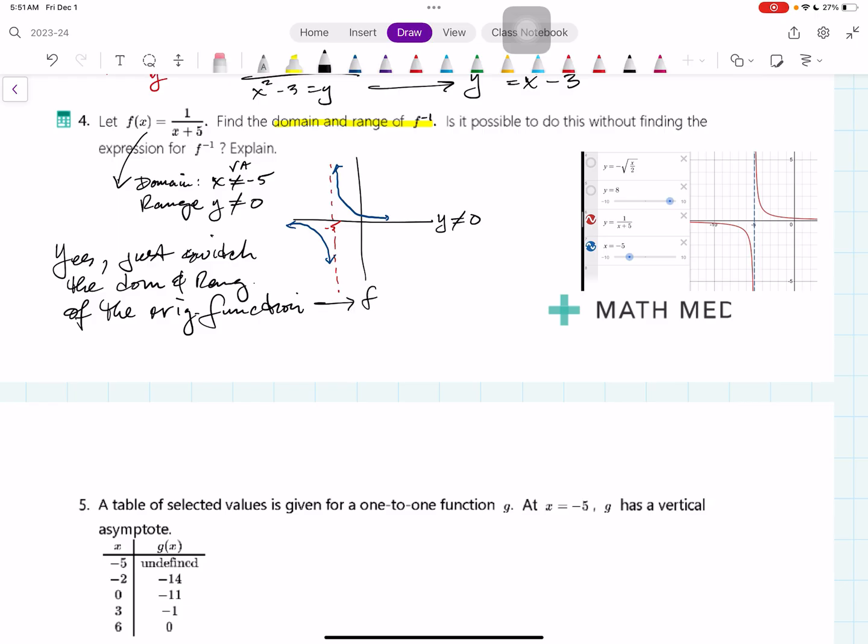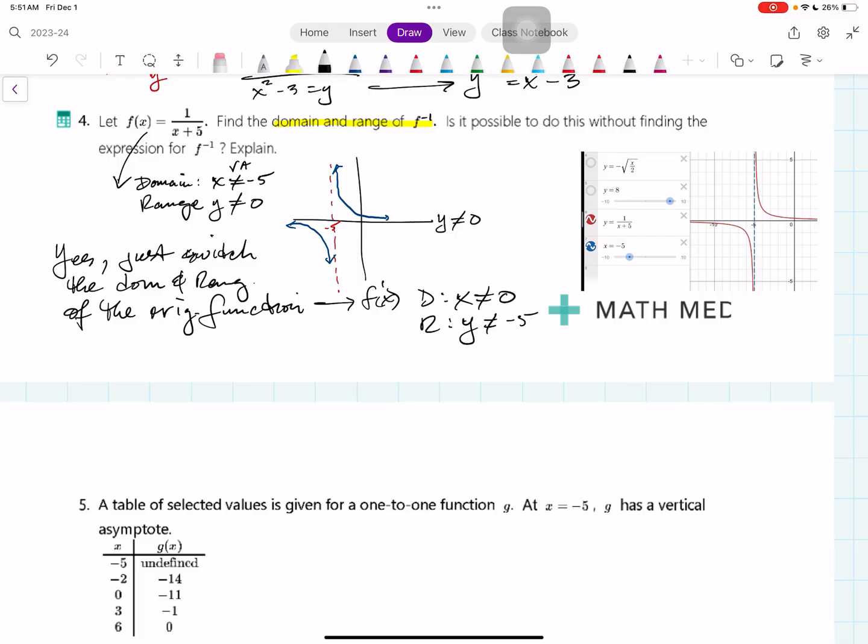So here we go. For f inverse of x, even though I haven't found this yet, the domain is all reals not equal to 0. All reals not equal to 0. The range is all reals not equal to -5.